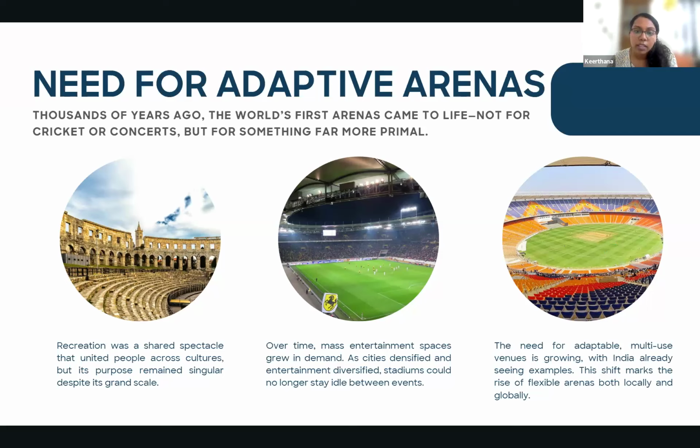That's where the need for multi-purpose arenas came into the picture. We can already see a lot of examples in India and across the globe wherein arenas are used for purposes other than sports. For example, the DY Patil Stadium, which is basically a cricket stadium, was also converted and used for hosting Coldplay concerts.